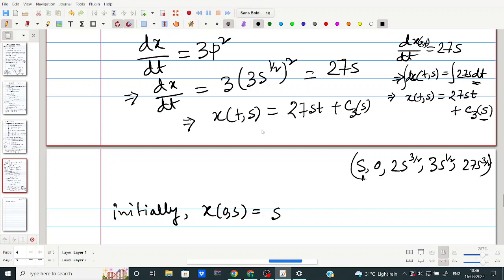So what is S? Comparing this with this, what is S? 1, 1, no hesitation. S is 1, you put S equal to 1, then 2 into 1 gives 2.